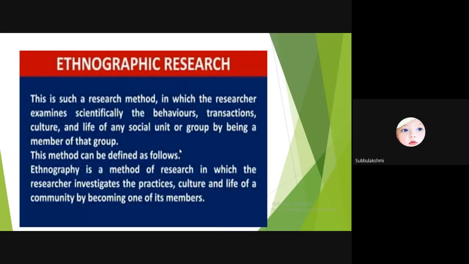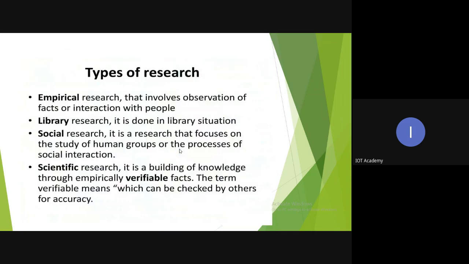Subbalakshmi, ma'am. Ma'am, I'm here. Can you hear me now? Yes, ma'am, now I am able to hear you. Yes, ma'am, I'm in the same position. Ma'am, slide number 27, ma'am. At times your voice is breaking, ma'am. We are not able to understand anything. Yes, yes, yes. Please hold on that slide.